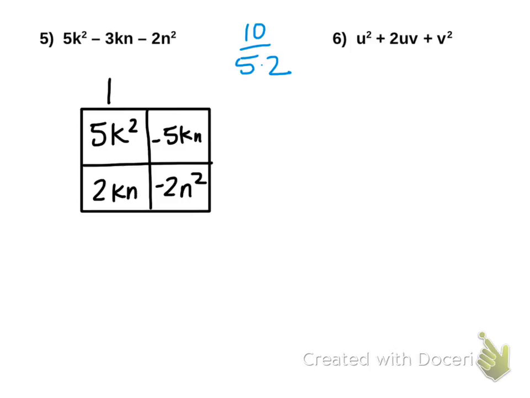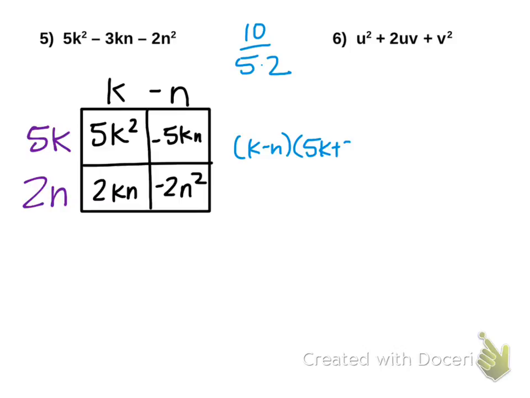Greatest common factor here, k. Greatest common factor here, minus n. Greatest common factor at the top is going to be 5k. Greatest common factor at the bottom is going to be 2n. So the final answer here is k minus n times 5k plus 2n.